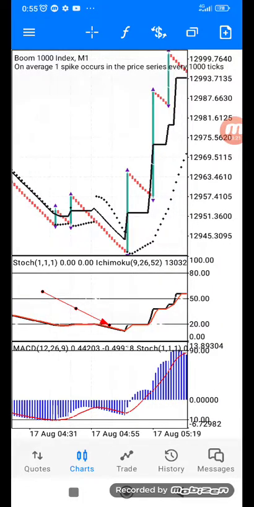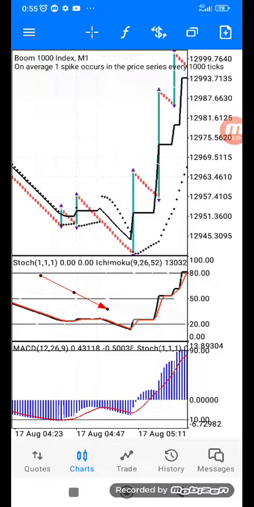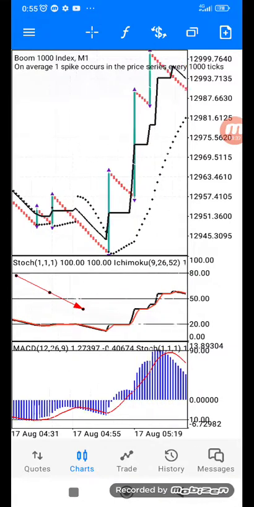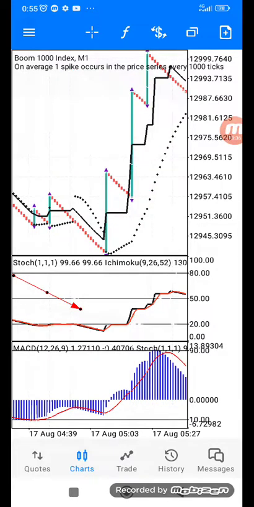Now once the Ishimoku line and moving average is below 20 oversold region, we move on to our main chart to check if there is any spike that closes above the Ishimoku line.